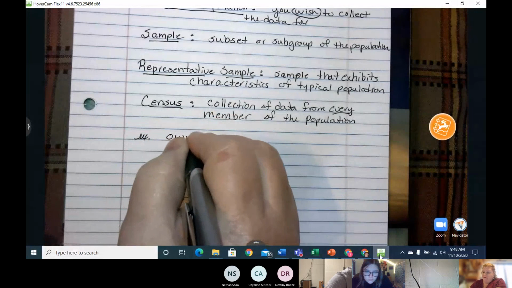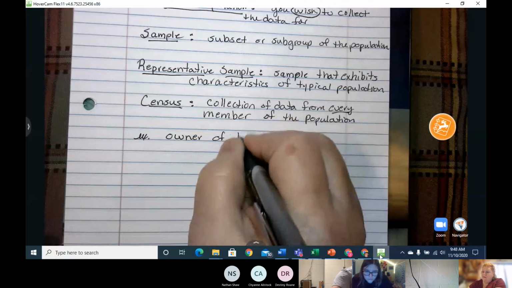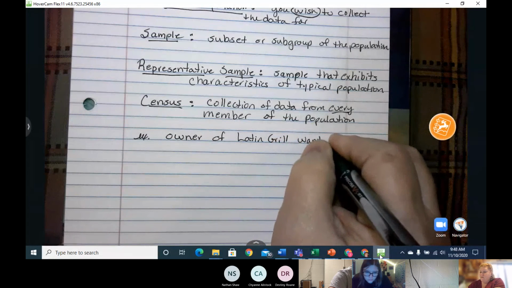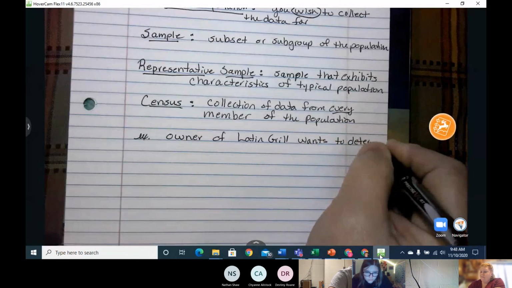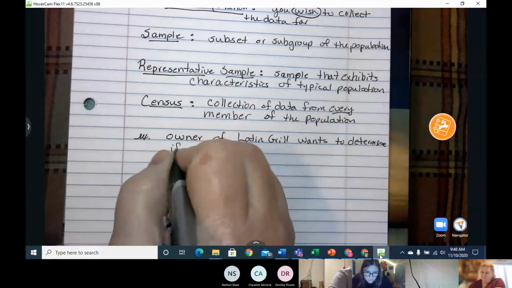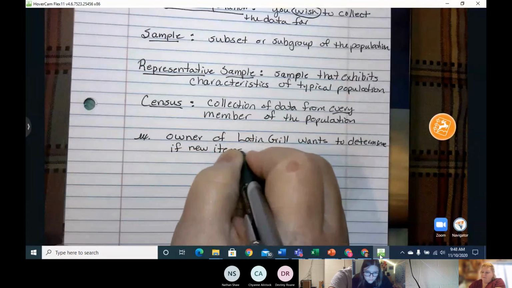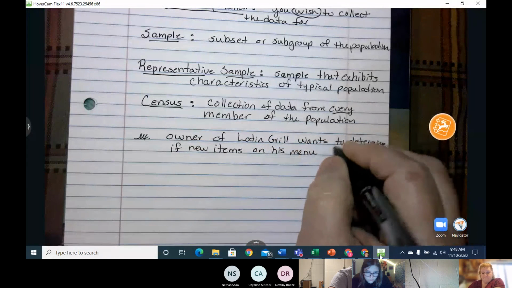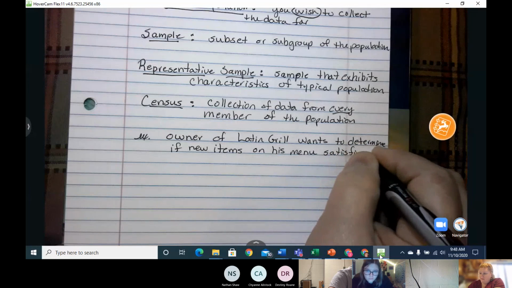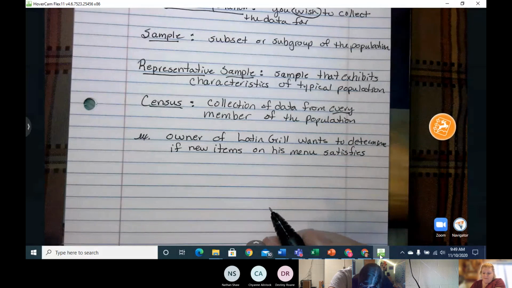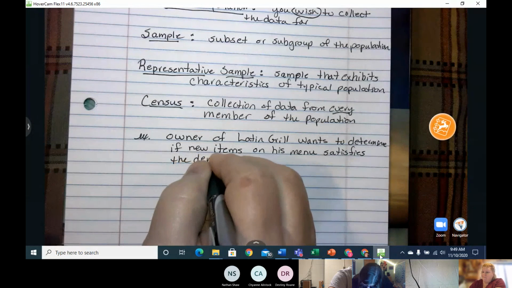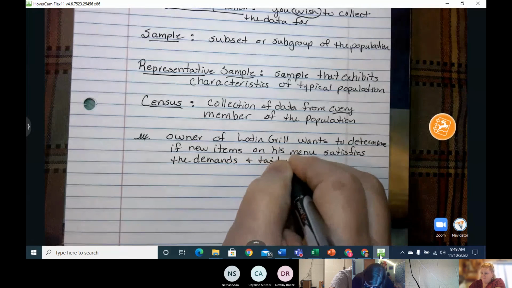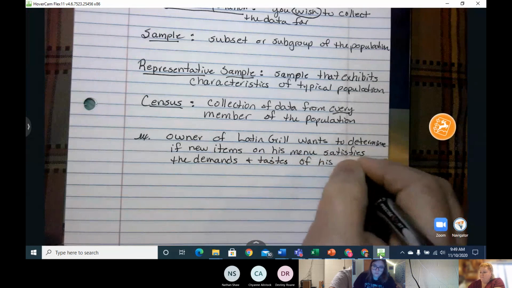So we have the owner of a Latin grill who wants to determine if new items on his menu satisfy the demands and taste of his customers.